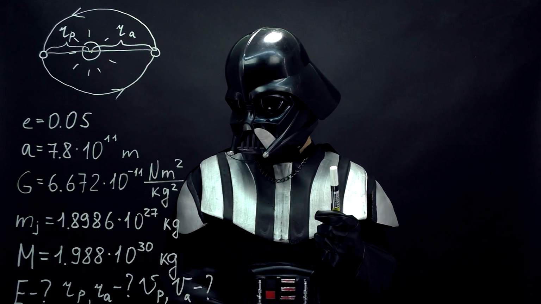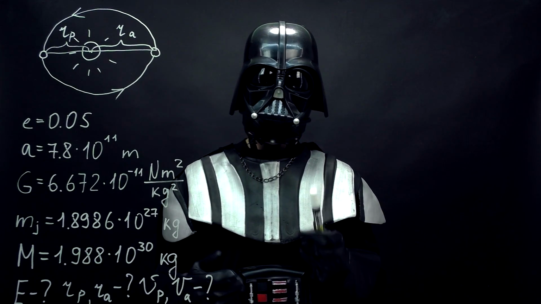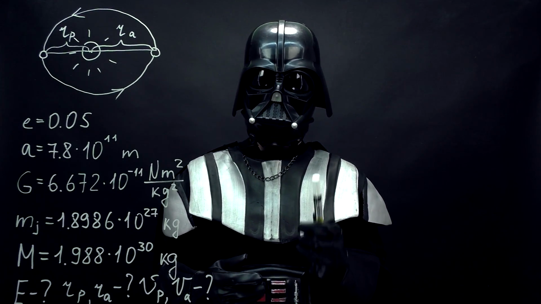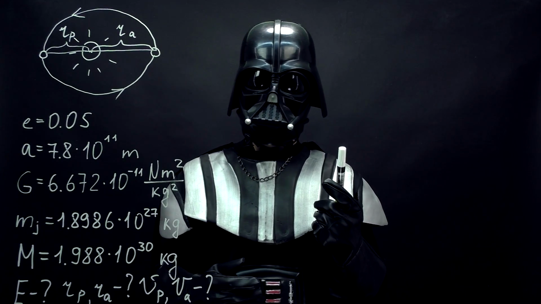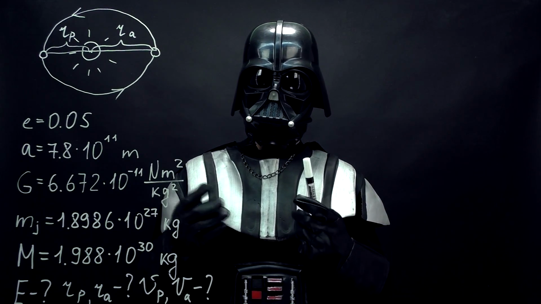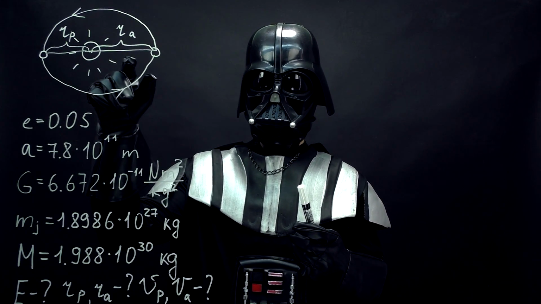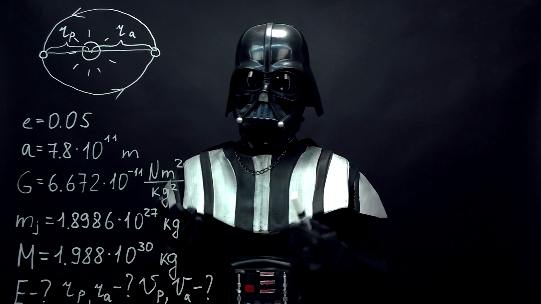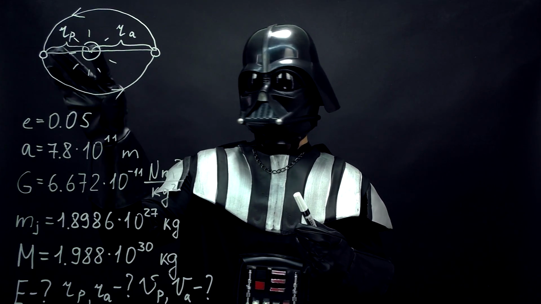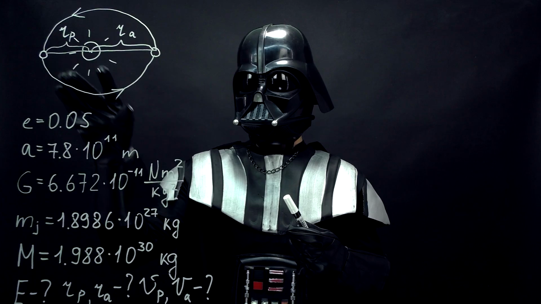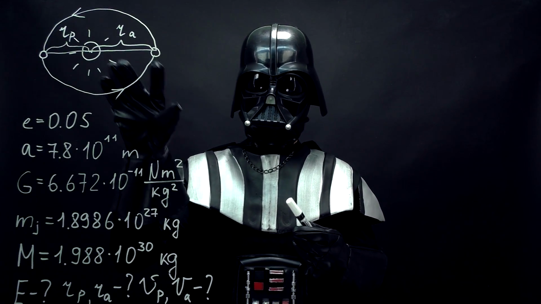Now, let's move on to perihelion and aphelion distances. According to Kepler's first law, any planet moves in an elliptical orbit with the Sun in one of the focuses of the ellipse. And perihelion is the shortest radius of this ellipse, and aphelion is the longest radius.